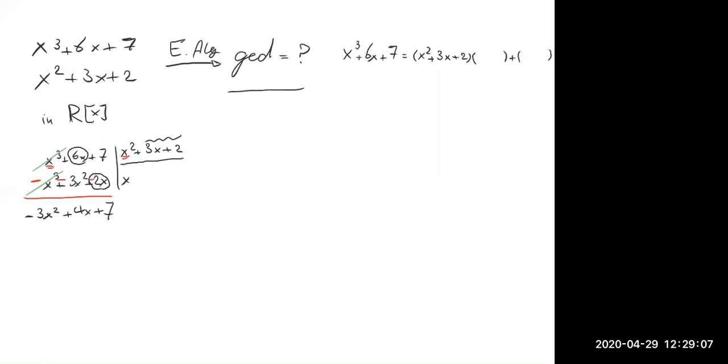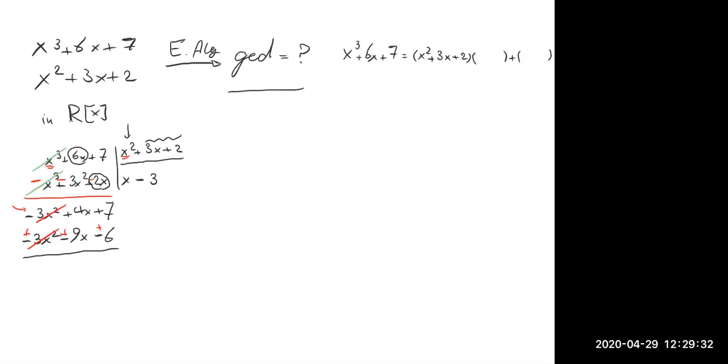So here I have minus 3x squared. I want to cancel that. If I multiply x squared by minus 3, I would get minus 3x squared, which is what I want. Minus 3 times 3x is negative 9x, and 2 times minus 3 is negative 6. So let's change the signs.